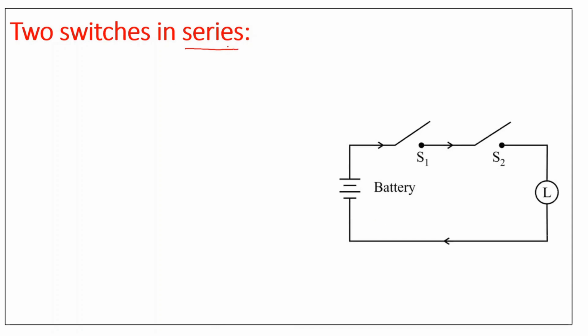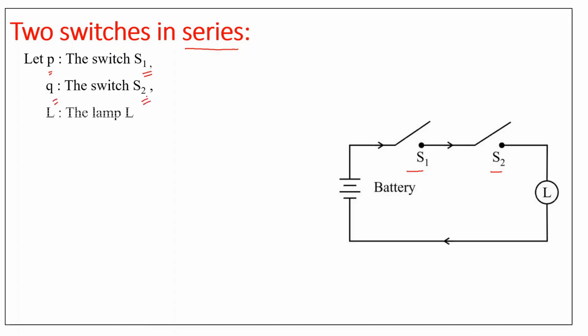So first, two switches in series. See, this is the diagram for two switches in series. Switches in series means one after the other. So we write: let P represent switch S1, Q represent switch S2, and L is the lamp.